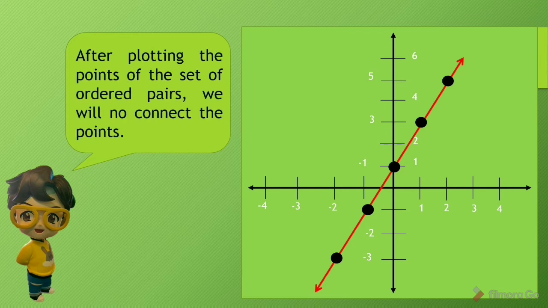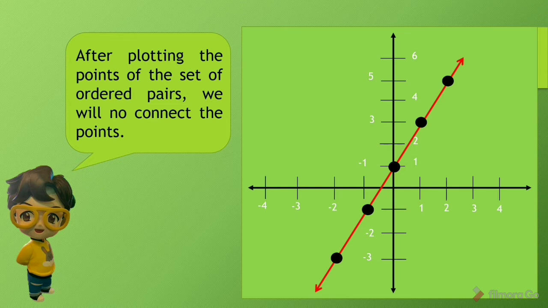So after plotting the points of the set of ordered pairs, we will now connect the points. Connect muna sila. So as you can see, you can form a straight line. Straight inclined line siya. Naka-diagonal line. So it is a linear function.